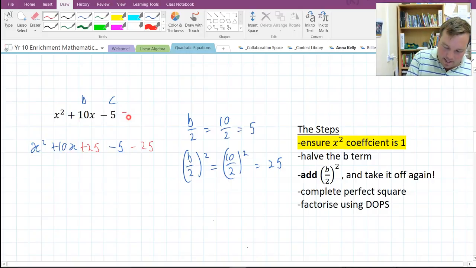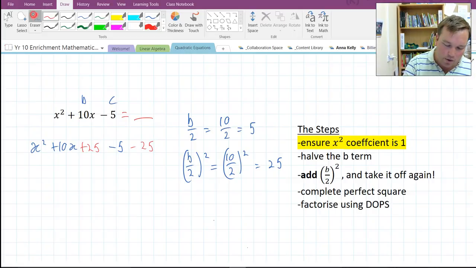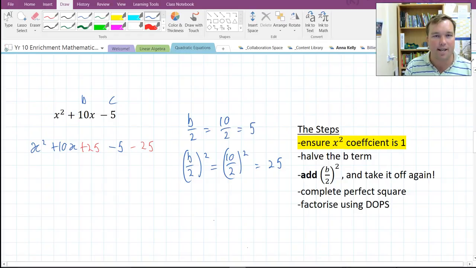It's not like this is equal to something over here where we can add 25 to both sides. We don't have two sides of an equation to work with. We are stuck on just one side. And so what we can do is add on 25 and take it off again, which doesn't fundamentally change it. It makes it a little more complicated, but if we simplify this, I'm sure you'll agree we get back up to there. So we haven't changed the equation.